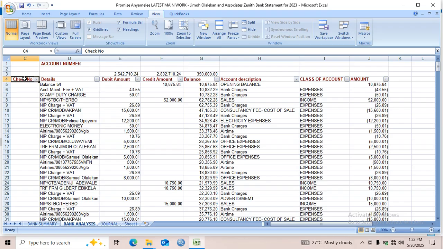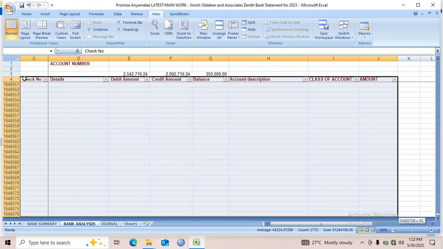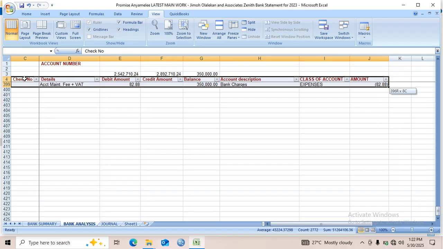So to do that, let's copy everything in this bank statement. So in order to copy, just press your shift to this place, and let's hold control also, so that it will be faster. So we've gotten to the ending of the bank statement.